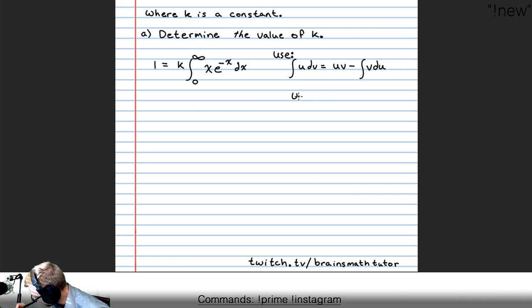So what does u equal? u equals x, du equals dx, dv equals e to the minus x dx, which implies that v is equal to minus e to the minus x.